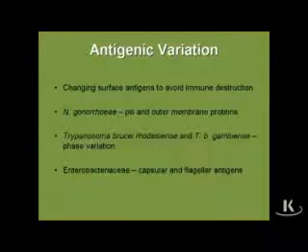So that's a similar theme. And you can see that as well in some of the Enterobacteriaceae. You'll see that, for example, Salmonella has thousands of different capsular serotypes. There are different flagellar serotypes because the flagella can change. And we'll talk about that in a little bit more detail when we get to the Enterobacteriaceae in Chapter 2.